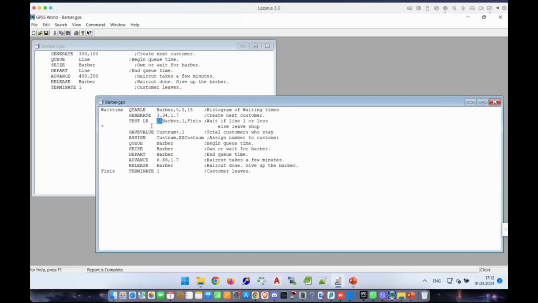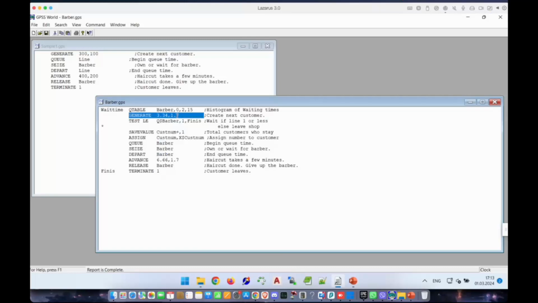Here Q means the length, or amount of transacts, in the line. That means that on the right side of Q$ we have to mention the line's name. Literally here barber is the same as it's written here. That's the line.